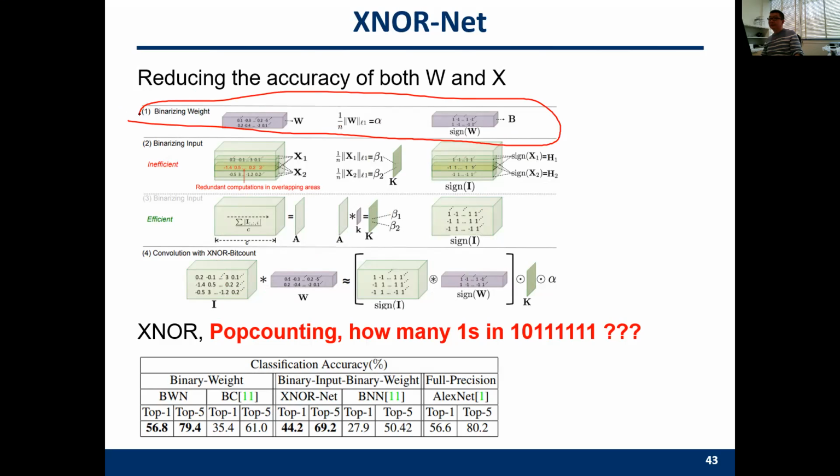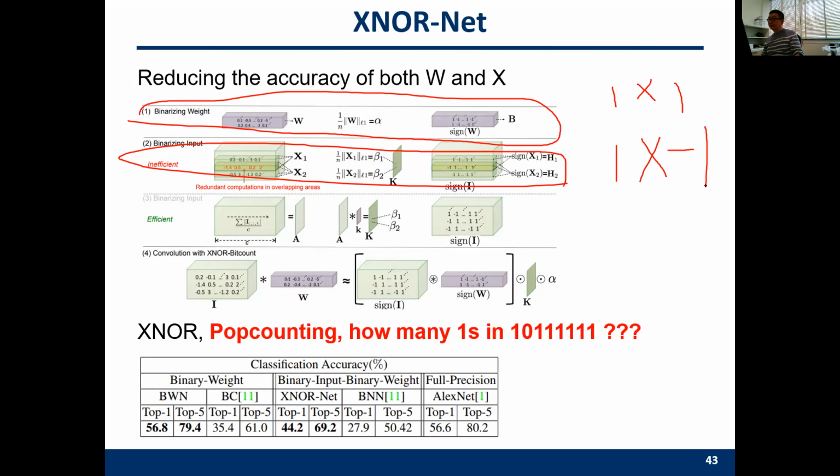It binarizes the weight into 1 and -1. When we try to binarize the input, what we have is 1 multiply 1 or 1 multiply -1. We can rewrite the -1 as 0. In this way, we use only 1 bit to represent the weight and the input.